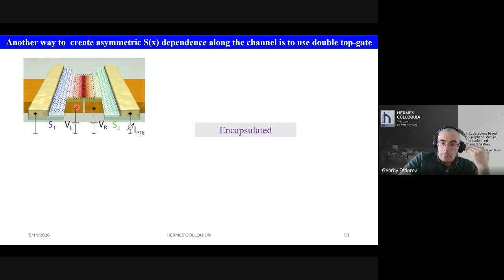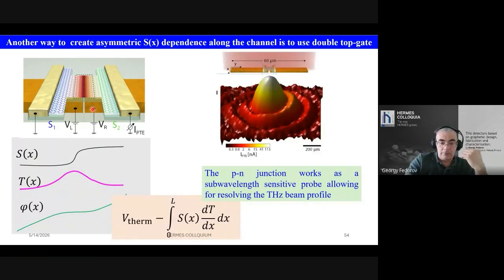So it was demonstrated that a detector working this way is fast and sensitive. Once again, it uses a split gate. You apply positive gate to one electrode, negative gate to another electrode, and that's how you get this p-n junction. I don't go deep into details of this work. I just want to show this picture.